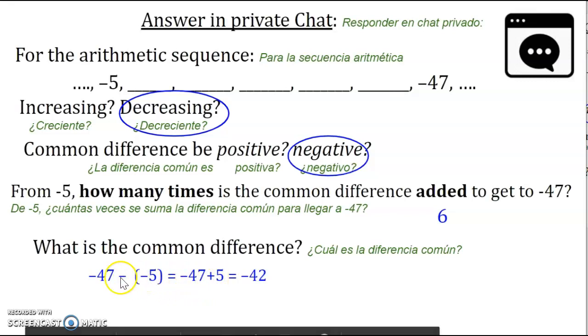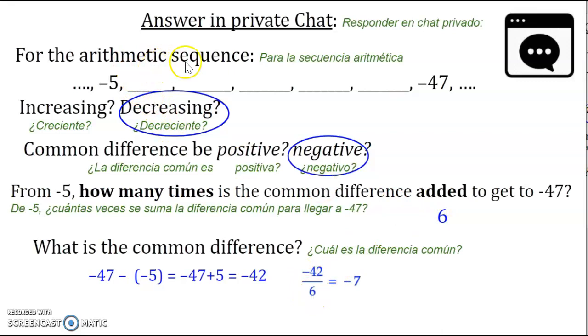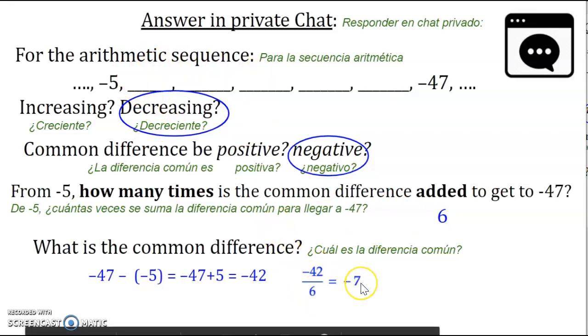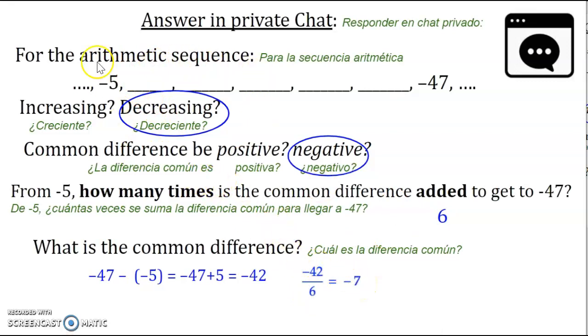Remember, negative, negative, minus, minus sign together becomes plus, and that is -42. So we need to divide -42 by 6 because we are adding the common difference 6 times, and that's going to be -7. That means we are subtracting 7 every single time from -5.